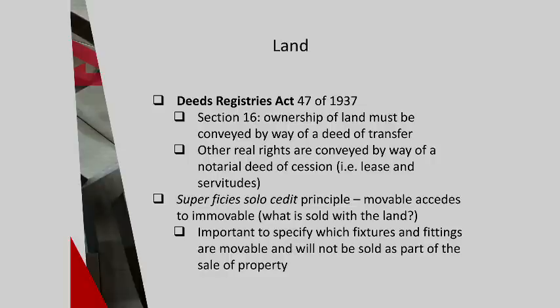Section 16 of the Deeds Registries Act also states that ownership of land must be conveyed from one person to another by way of a deed of transfer. As you all know, other real rights, limited real rights, are transferred from one person to another by way of a notarial deed of cession.